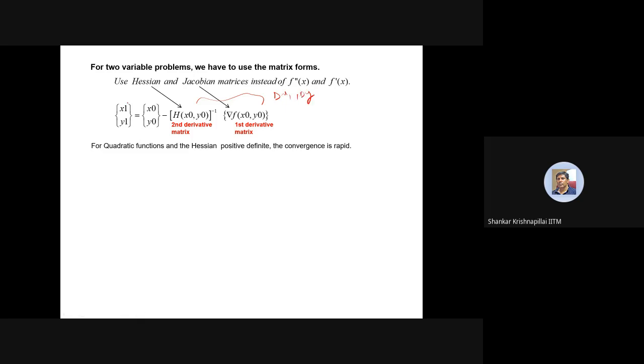So x1, y1, that is the next point, is equal to the current point minus the inverse of the second derivative matrix multiplied by the first derivative matrix. So this will give x naught, y naught minus delta x, delta y.